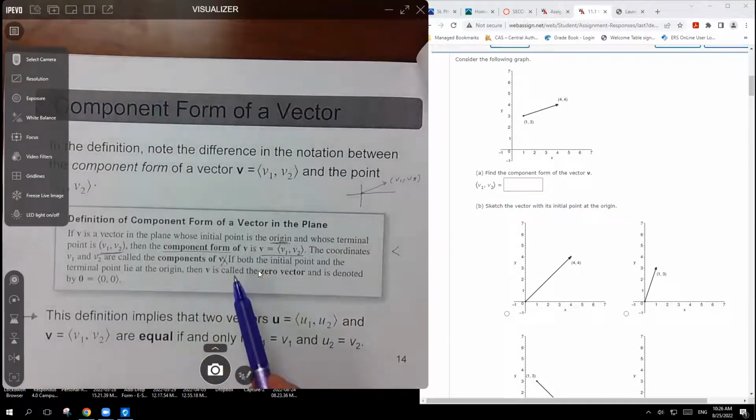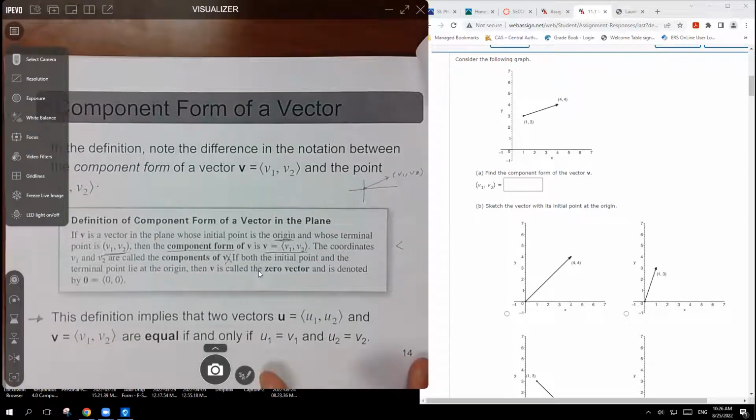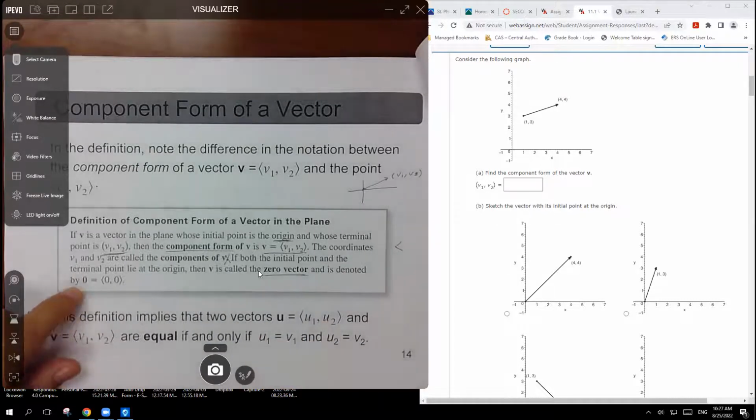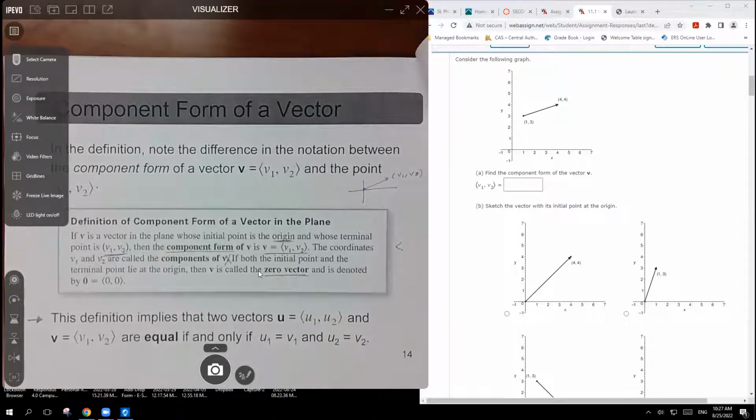They add one more thing. If both the initial point and the terminal point are at the origin, this is called the zero vector. In case they ask you to write down a vector whose initial point equals the terminal point, you write down the zero vector, because it's just going to be like a dot.